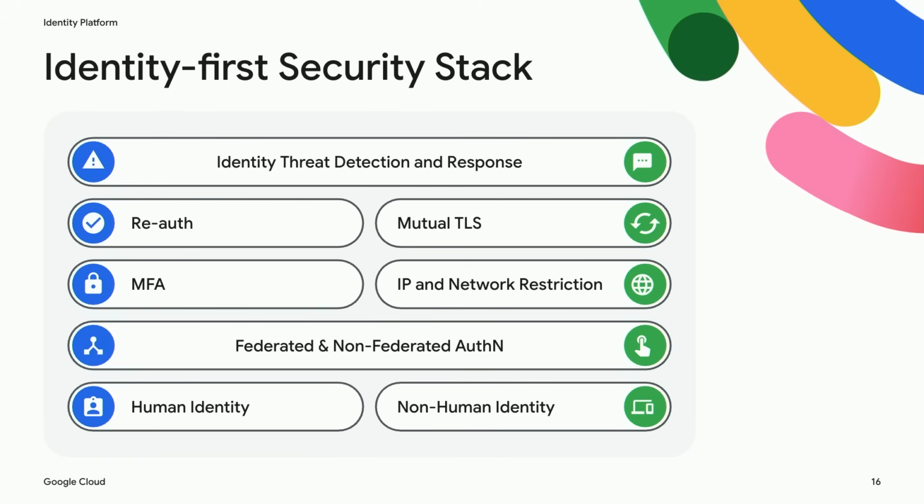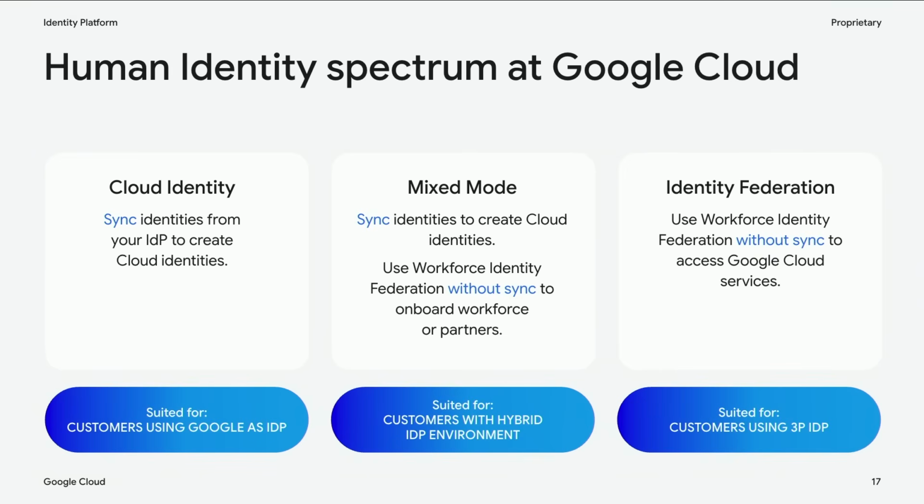For human identities, we provide MFA reauth capabilities, and for non-human identities, we enable you to have IP and network level restriction as well as MTLS capabilities. And on top of it, we have very strong runtime identity threat detection and response capabilities, and we'll talk a little bit more about it in the slides to come.